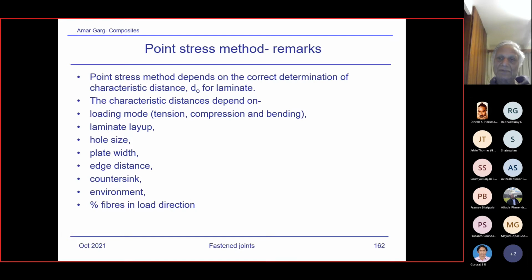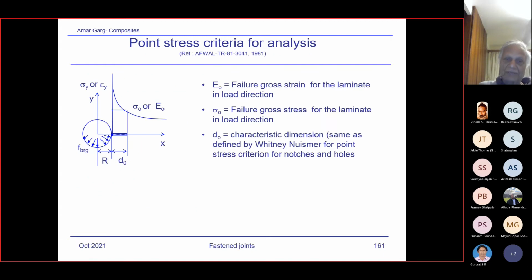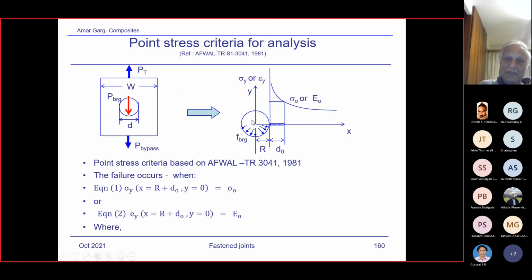Based on that, we'll determine the characteristic dimensions, D naught, and use those when we are trying to determine the failure at this point, because, I'll explain it later on, in the complex loading, of course, the failure point may be this one or this one or this one, anywhere. And that's what we'll have to consider.